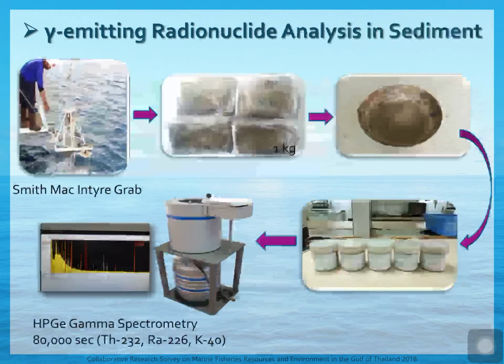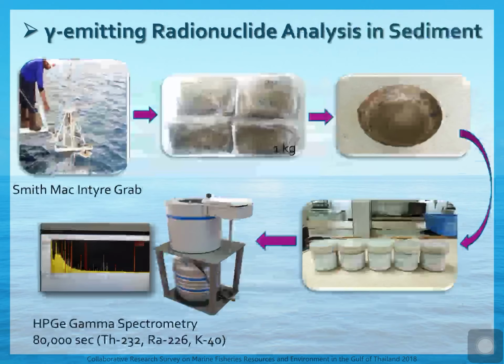For the sediment sample, we took 1 kilogram of sediment from each location. We dry them and then we ground them into fine powder, and we pack them in the plastic container, and then we measure them with a counting time of 80,000 seconds using the hyperpure germanium gamma spectrometry.